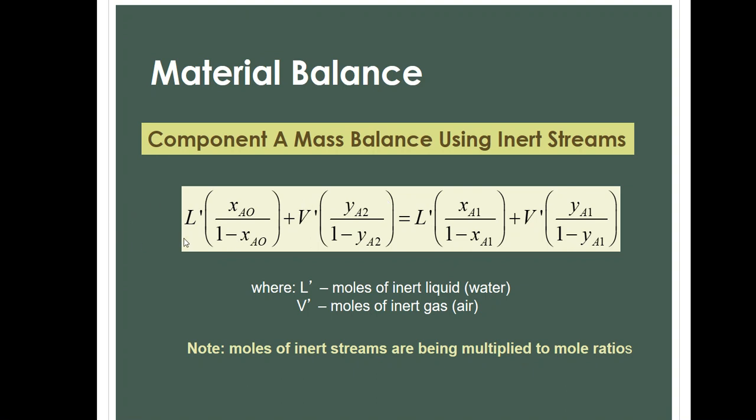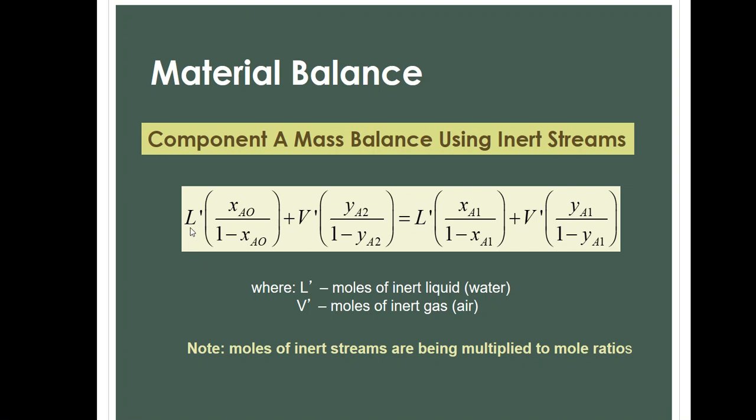When we speak of inerts, for example, if your solvent stream or your liquid phase has a little of the solute as it enters the column, that part which does not contain the solute is your inert part.